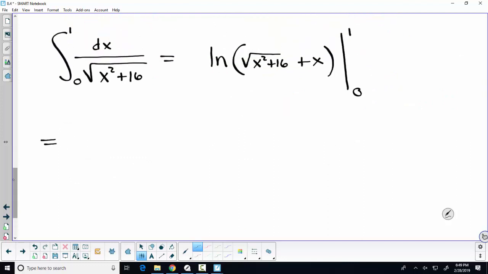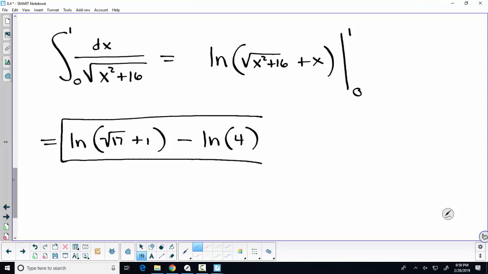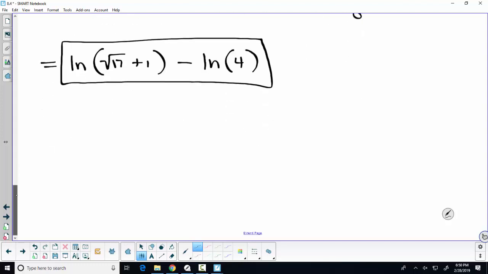Okay, so we got ln of, evaluated at 1, ln of root 17 plus 1, minus, evaluated at 0, ln of 4. That's our exact answer. Properties of logarithms, again, we could rewrite this.